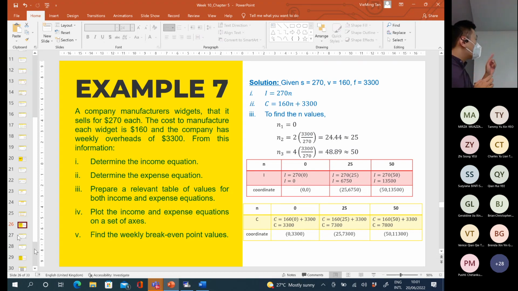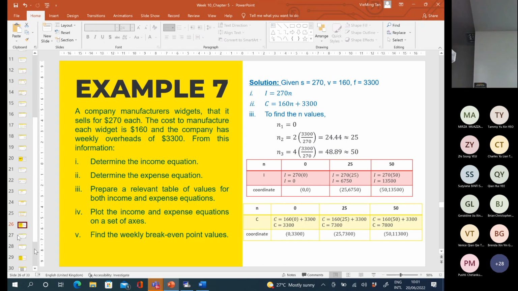The variable cost per unit is 160. The fixed cost is the overhead. No matter what the units of production are, the overhead will remain the same. The fixed cost is always the same throughout different levels of production.